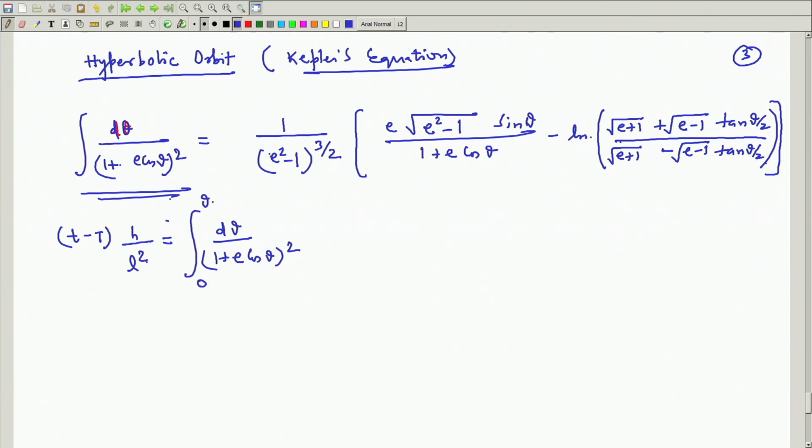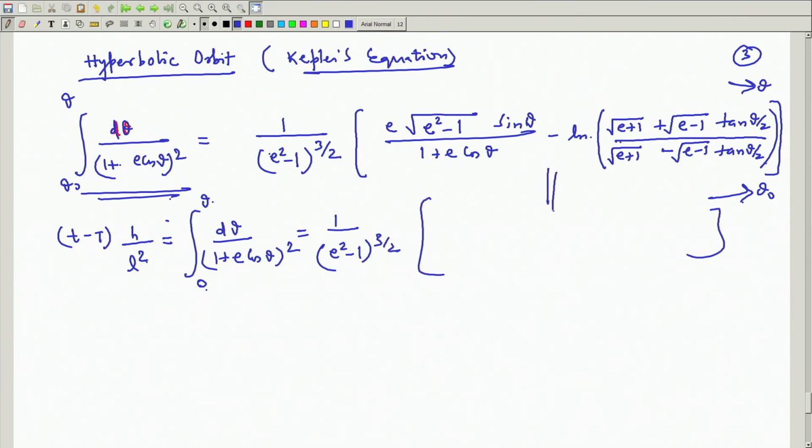Either we can write from theta 0 to theta, it is not a problem. In that case only the boundary will change; you will write theta 0 at the bottom and theta at the top. So, this term is available to us: 1 by E square minus 1 to the power 3 by 2, and the rest of the terms get copied from this place to this place.